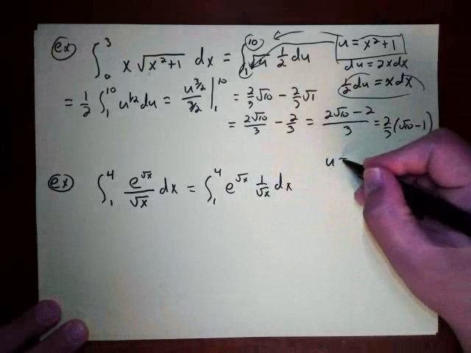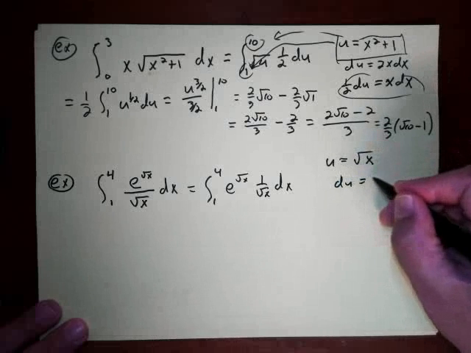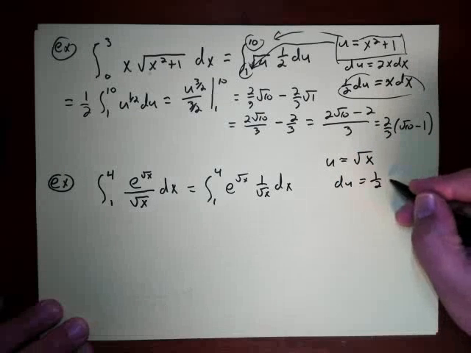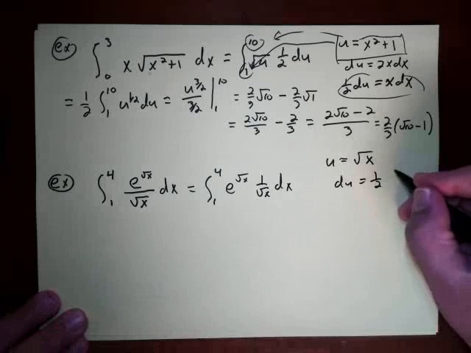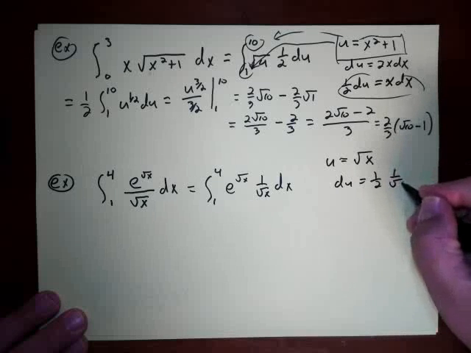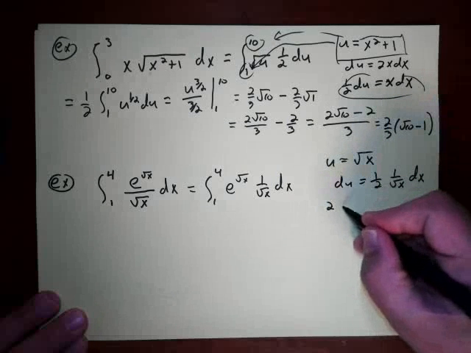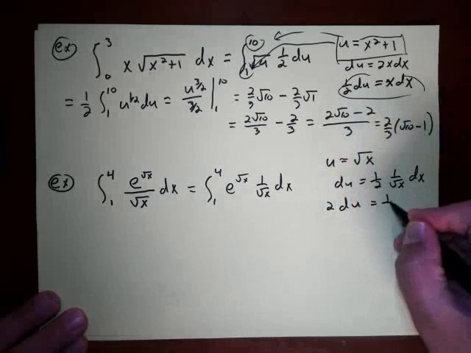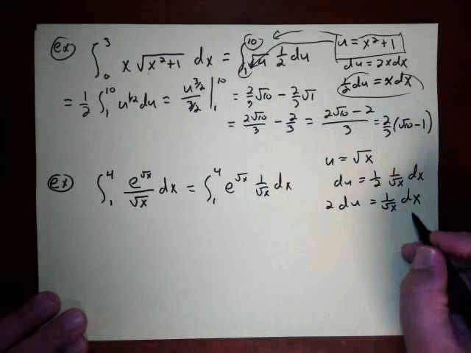And then I'm going to let my u be the square root of x, and then my du would be 1/2 times 1 over the square root of x dx. And so I move the 1/2 to the other side, and I get what I need for my substitution, because that's what I need here.